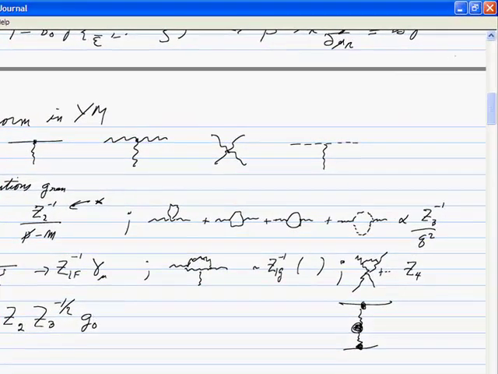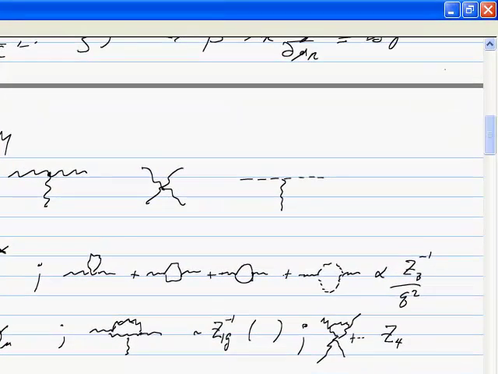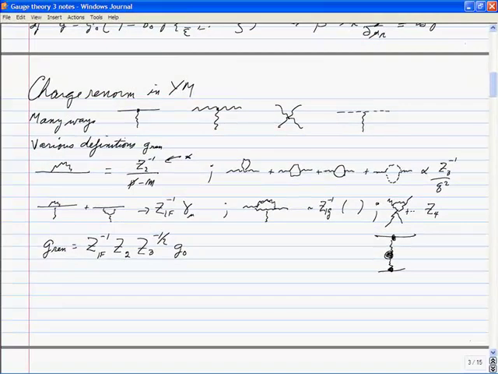Okay, so the Z1 comes from looking at this vertex here. The Z2 is the wave function renormalization. You have a square root of Z2 for each external fermion line. So if I'm looking at the top line, there's a square root of Z2 from that, a square root of Z2 from that. And the Z3 comes from basically taking this diagram, putting half of it up there and half of it down there. Okay, so the Z3 to the 1/2 goes up here, and Z3 to the 1/2 goes down there because there's charges squared. Okay, so that's where all those factors come from.